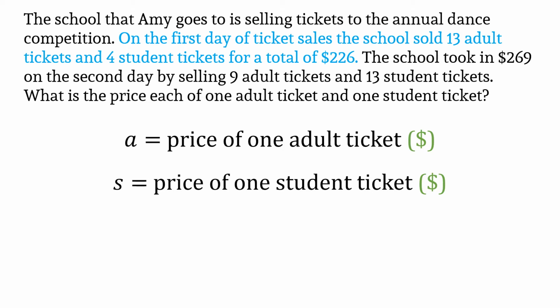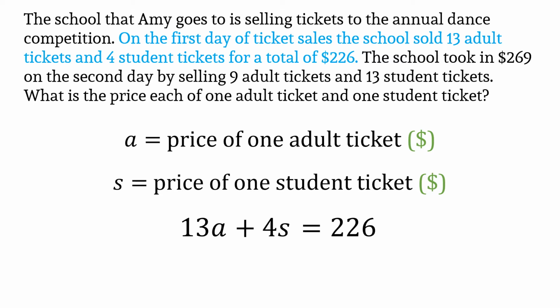Well, if each adult ticket costs A dollars, then 13 adult tickets bring in 13 times A. And 4 student tickets bring in 4 times the price of 1 student ticket, so 4S. When we add those together, we have a total of $226 on that first day of ticket sales.